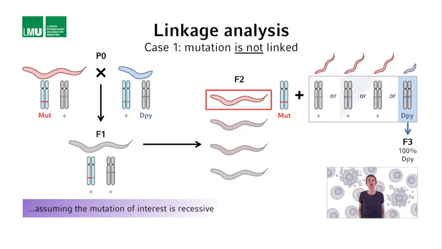In addition, 50% of the animals that you picked should be heterozygous for the DUMP5 mutation and therefore in the F3 generation give rise to 25% DUMP animals.